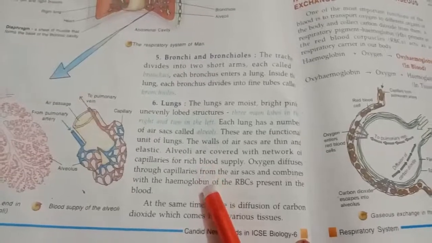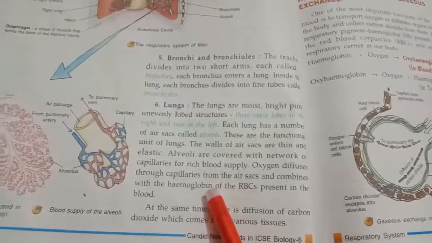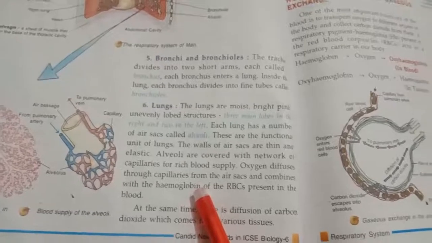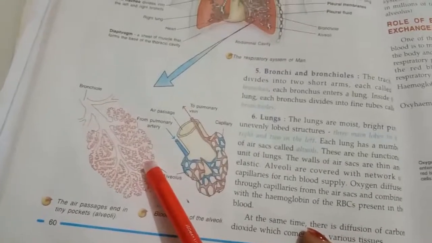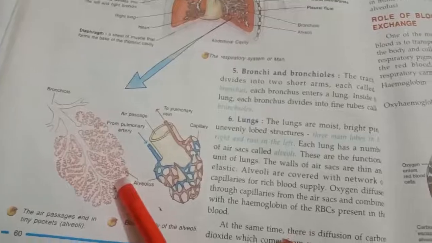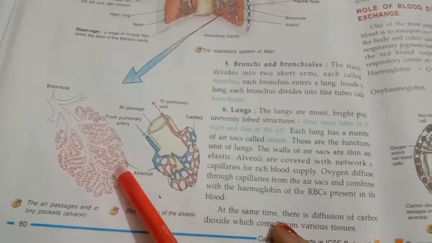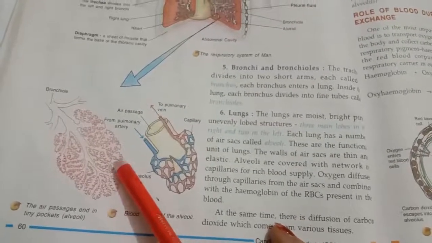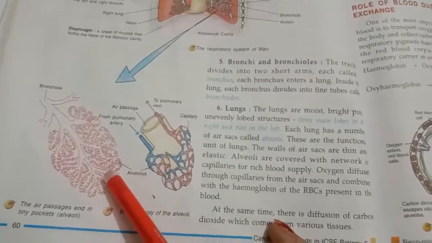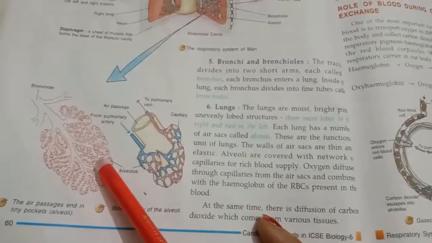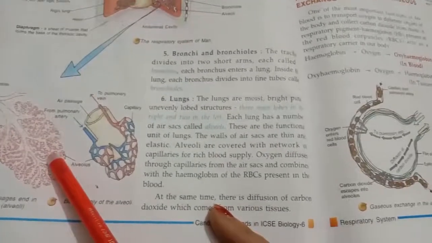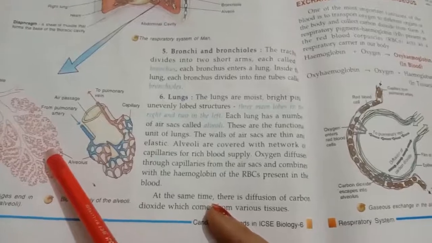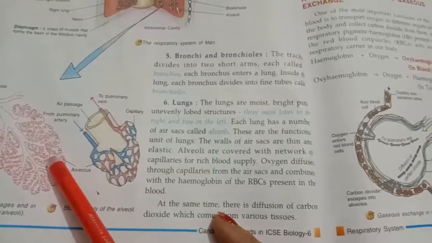Oxygen diffuses through the capillaries from the air sacs and combines with the hemoglobin of the RBC present in the blood. Here you can see the alveoli is covered by a network of capillaries, and through these capillaries the blood supply is there, and as it is covered by a thin wall, oxygen can easily diffuse from the air sacs and combine with the hemoglobin of the RBC present in the blood.